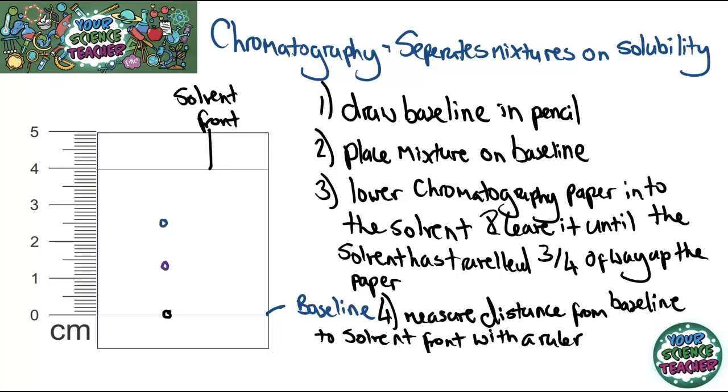You can find out the RF value of different components in different solvents. So we're going to measure the distance each spot has travelled, and then work out the RF values.